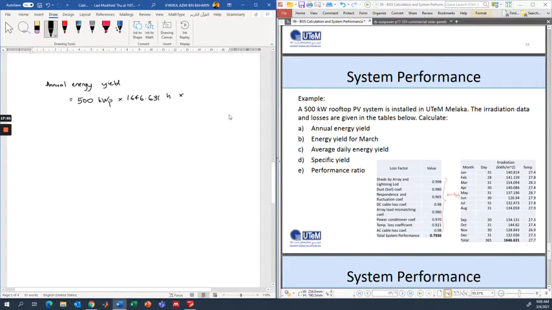This is the efficiency of the system, 0.7936. So the answer is 653,383, and the unit is kilowatt hour.